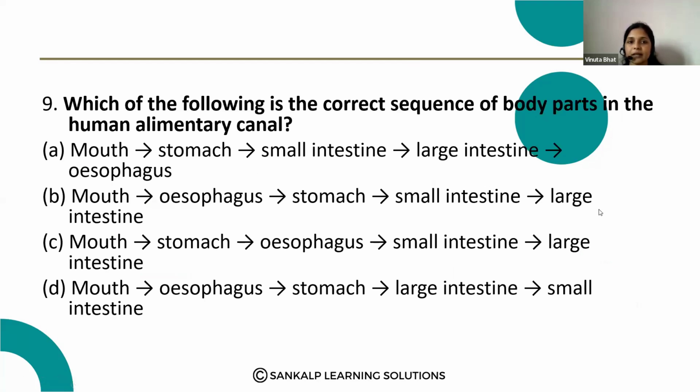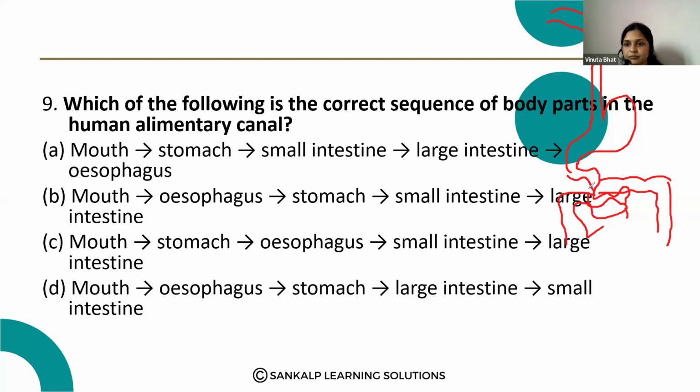The human alimentary canal includes the mouth, then esophagus, then stomach, stomach to the small intestine, then the large intestine, and the anus.